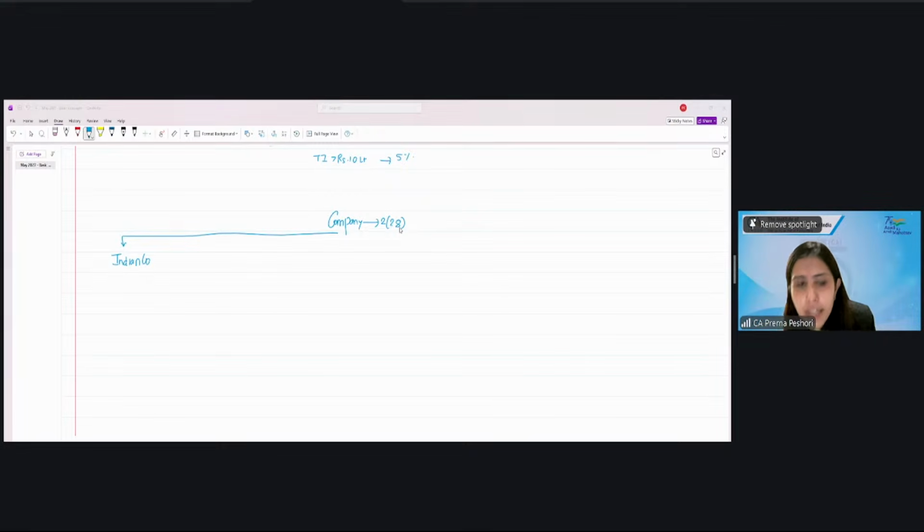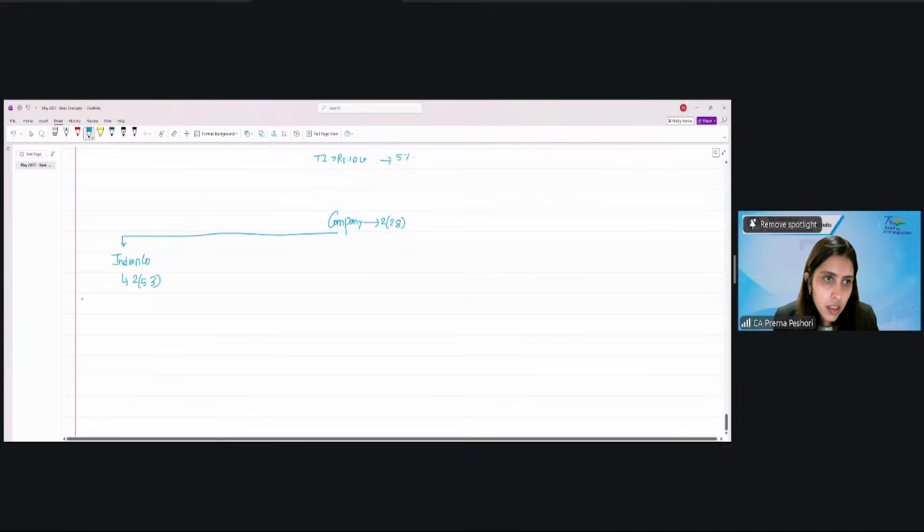Again, Indian company is defined under 2(26), which means a company formed and registered as per the Companies Act. Then you have a domestic company. So you see that Indian company is different from domestic company.